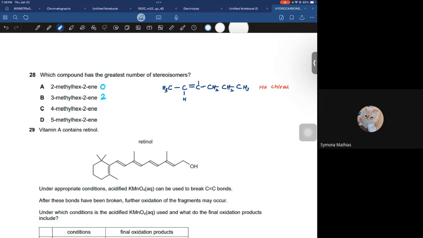So the CH3 is attached on the fourth carbon atom, like this. 1, 2, 3, 4. So only one hydrogen is attached over here. What do you think? Okay, is the chiral center there or not? Chiral center, yes.